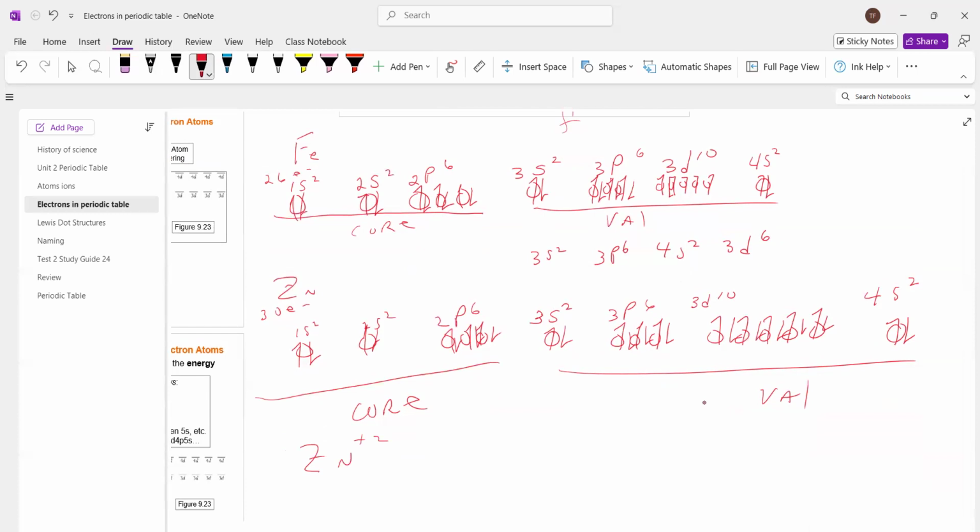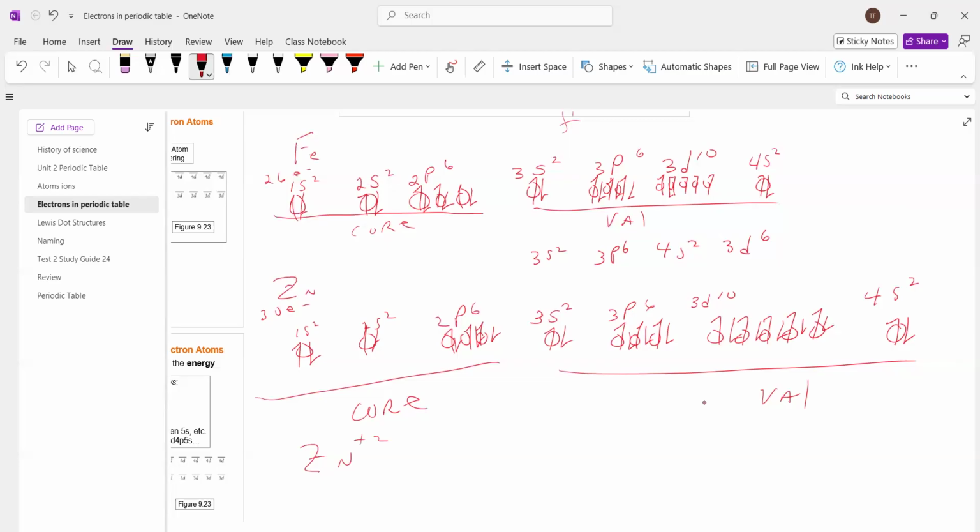Look at the configuration up there. Which is farthest from the nucleus? This guy.